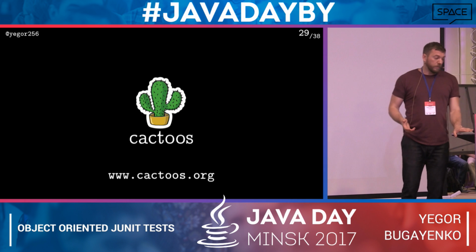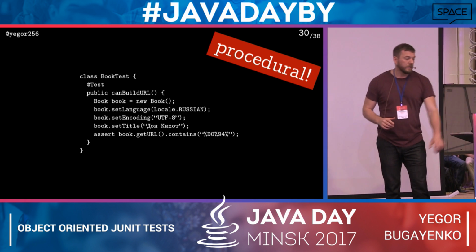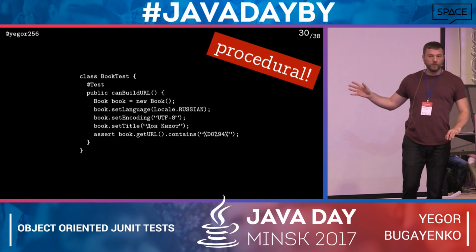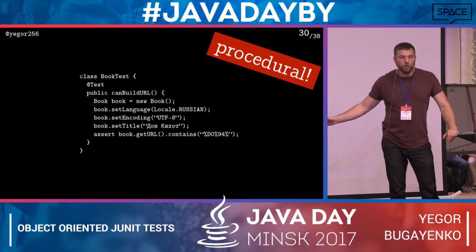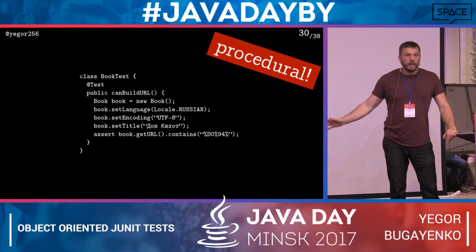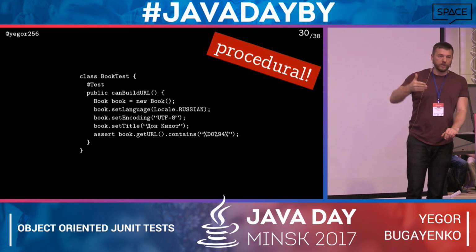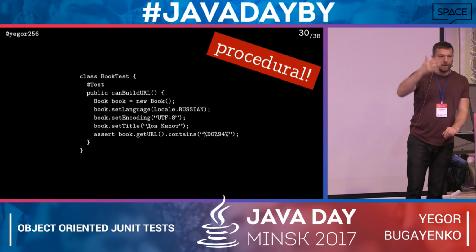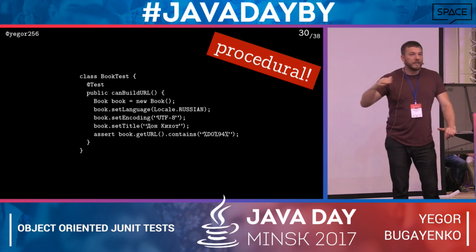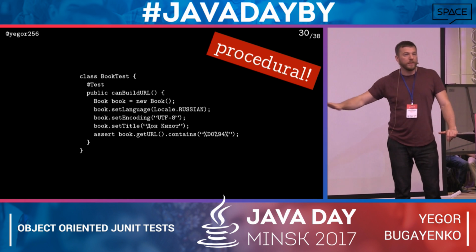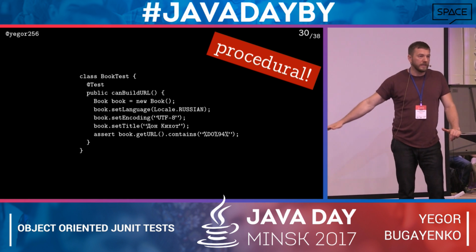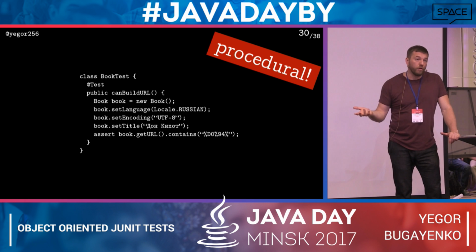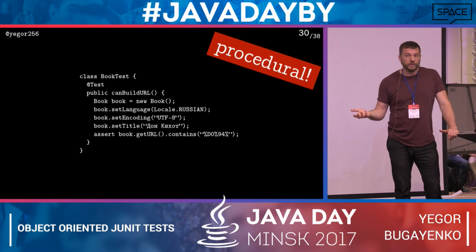My point is that traditionally the test method is very procedural. We have a lineup of statements which configure something, which do the mocking, which prepare something, and then in the end we have an assert, or maybe a number of asserts, or some verify statements. And that is what's wrong, because it's procedural, it's not really object-oriented.